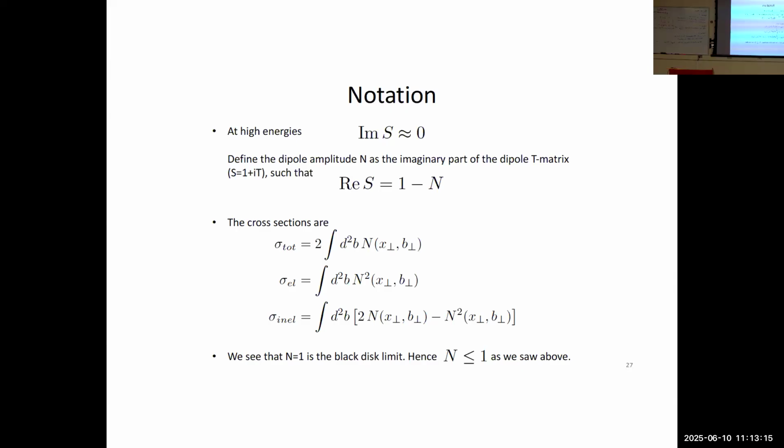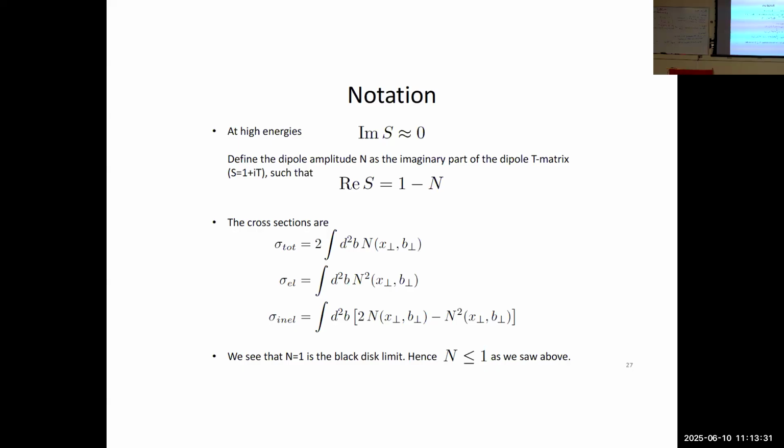Okay, so this is the S matrix for the scattering. The dipole amplitude N corresponding to this S matrix, this one we just obtained by taking 1 minus S, right?